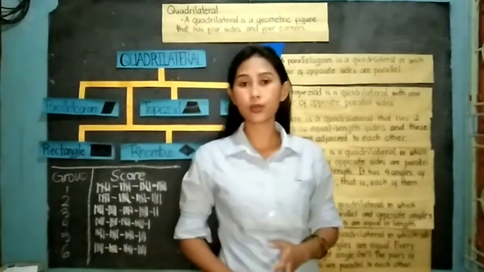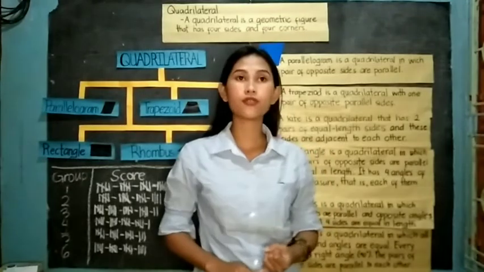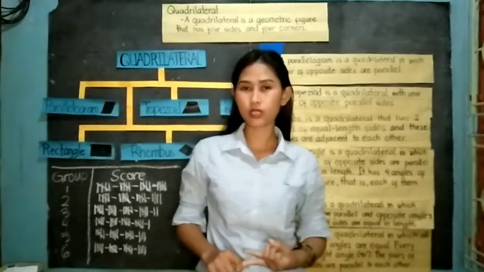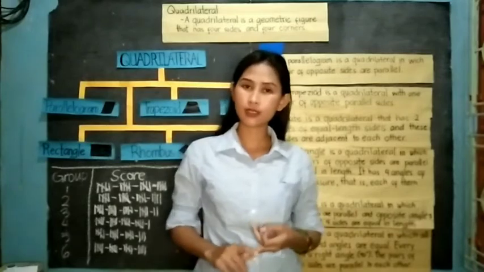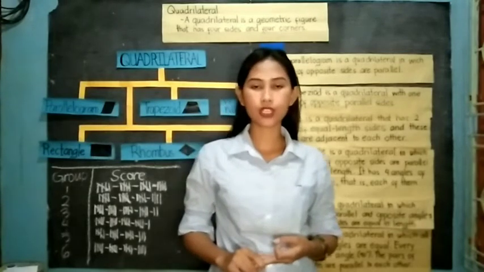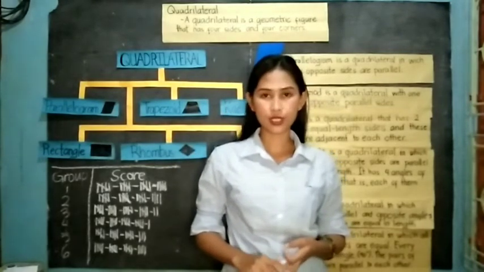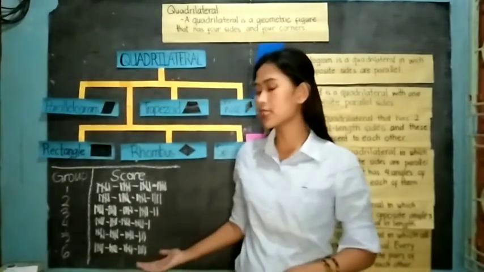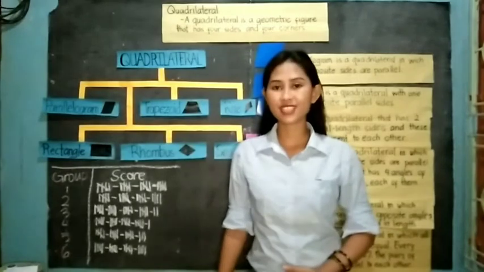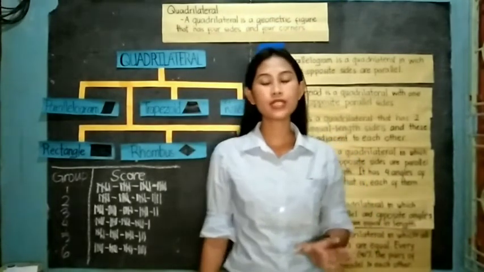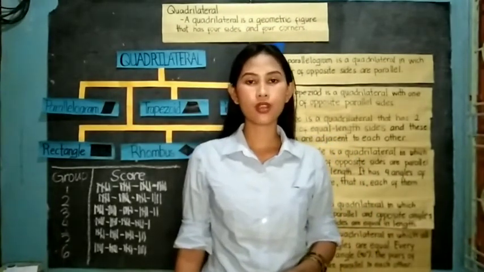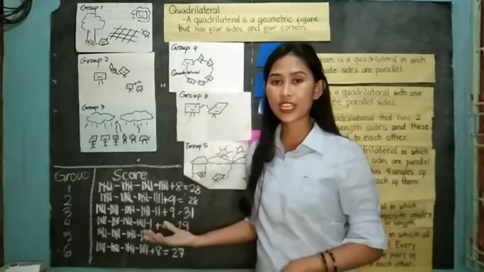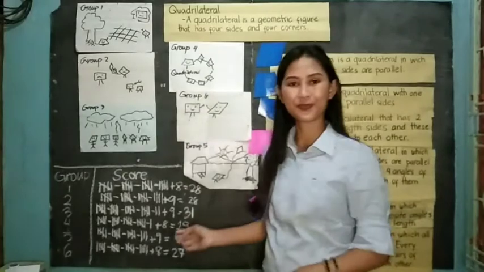The criteria will be creativity 5 points, relevance to the topic 3 points, cleanliness 2 points, for a total of 10 points. These points will be added to your previous points, and whoever gets the highest points will receive an additional 5 points on their periodical exam. So, the winner is Group 3.